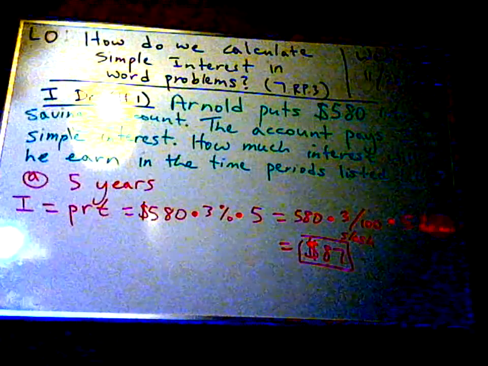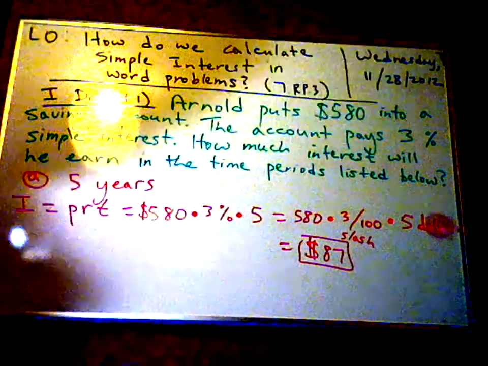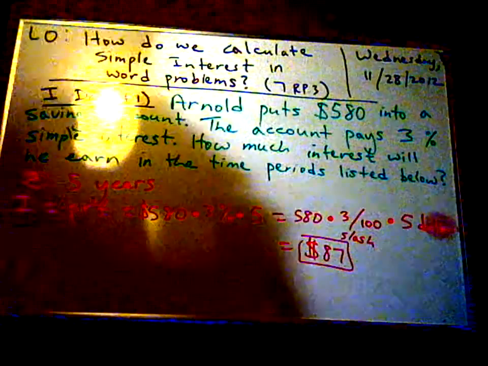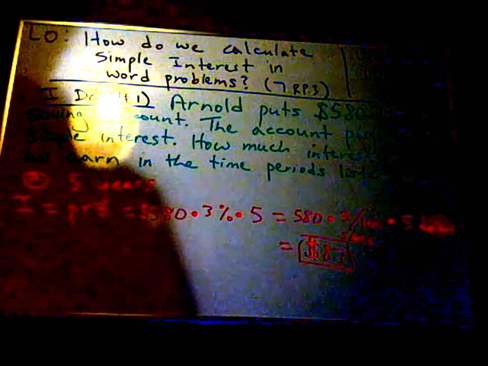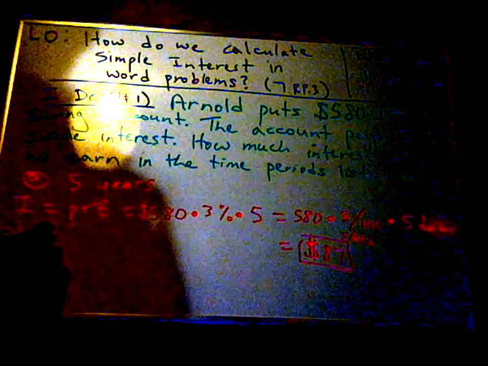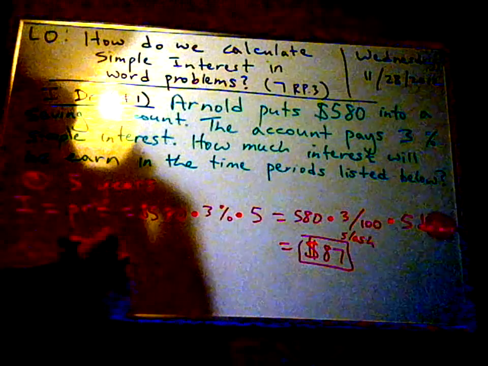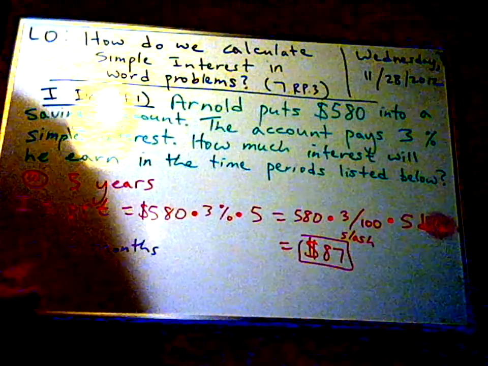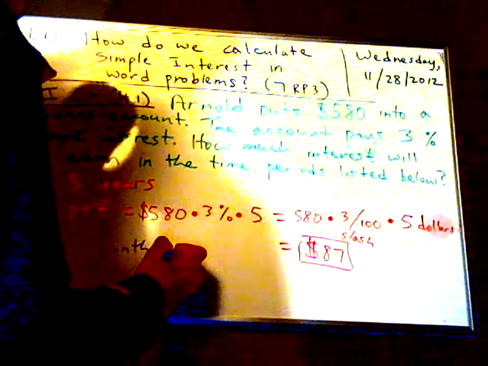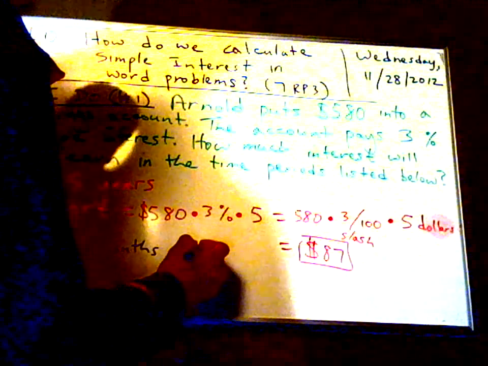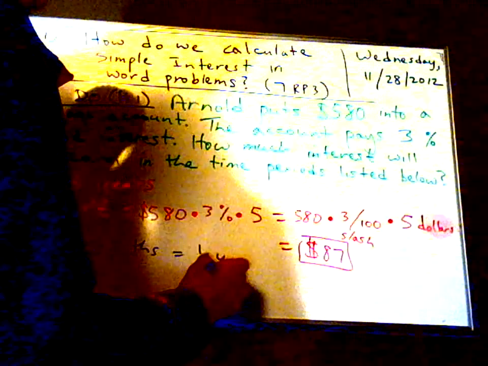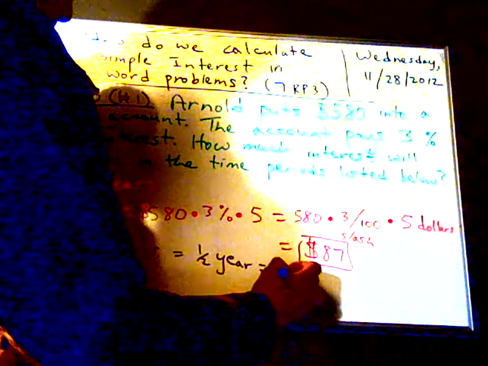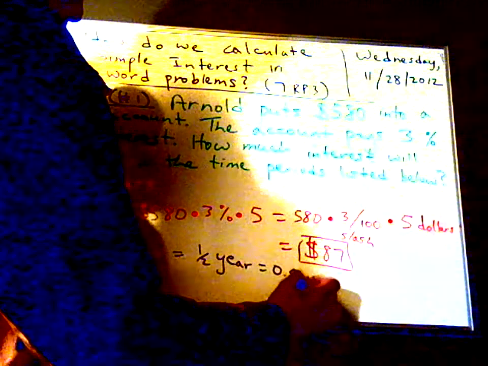Now, we also want to do this for 6 months. But since they want it in years, don't forget we have to write 6 months is equal to 1/2 year, just the same as 0.5 year.